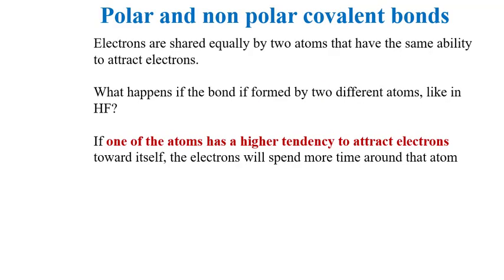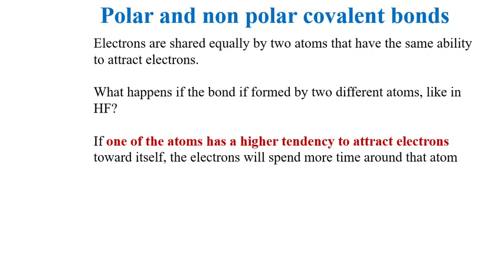There is in between a situation where electrons are shared unequally between two atoms. When does this happen? When the bond is formed by two different atoms like hydrogen and fluorine.